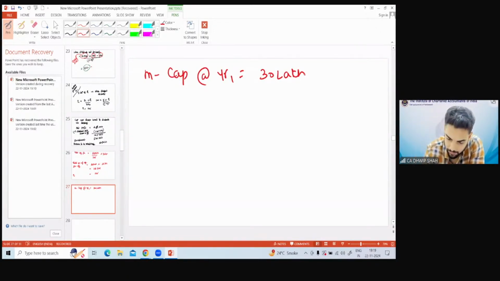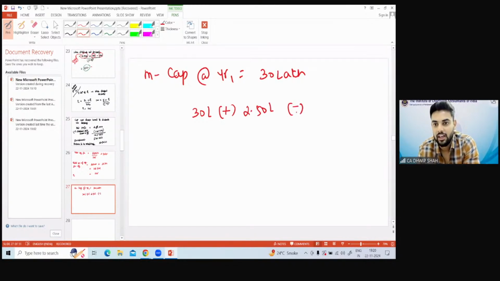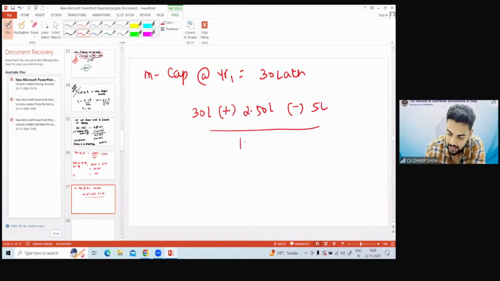But now the real market cap of the company would be 30 lakhs plus the amount of earnings. Earnings is 2.5 lakhs, less the amount that is invested, which is 5 lakhs. And we will discount this because the entire market value is at the end of year 1.